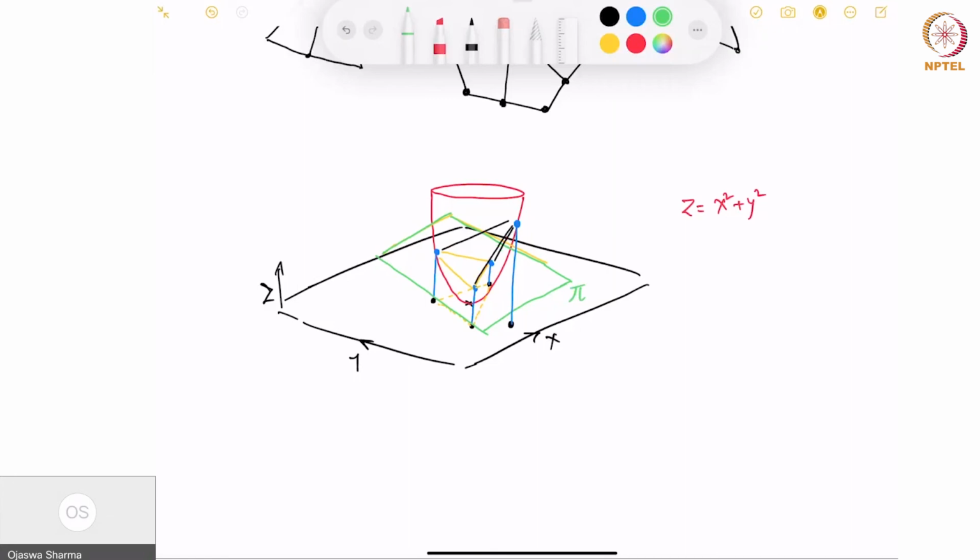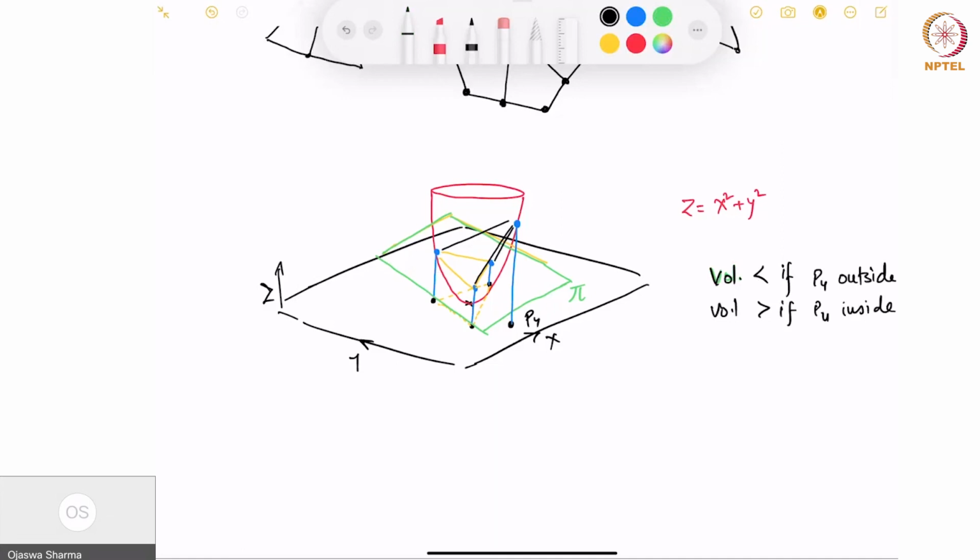Depending on whether the fourth point was outside or inside, the volume of the tetrahedron would be negative or positive. That is to say, it's a signed volume. So volume is negative if P4 is outside, and volume is positive if P4 is inside.